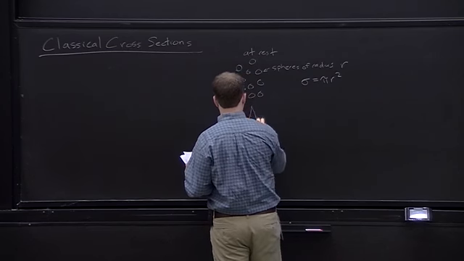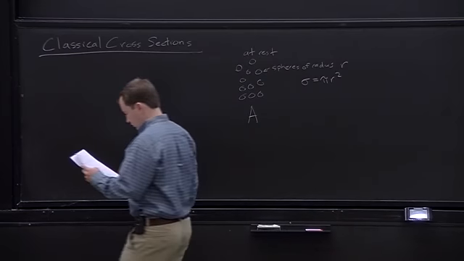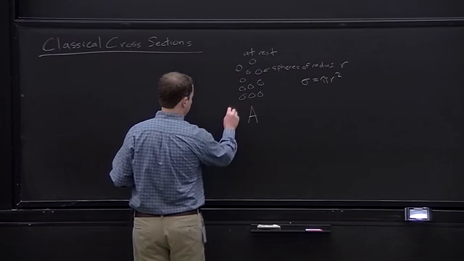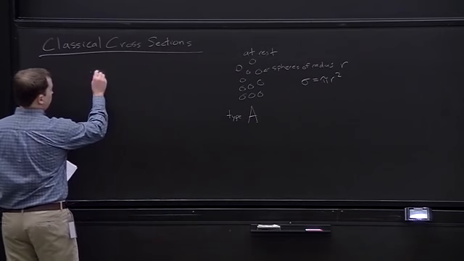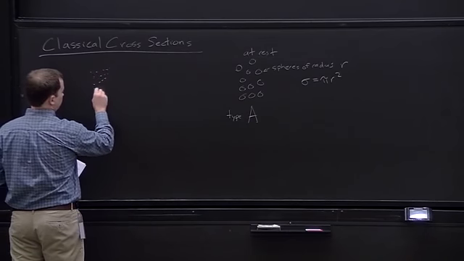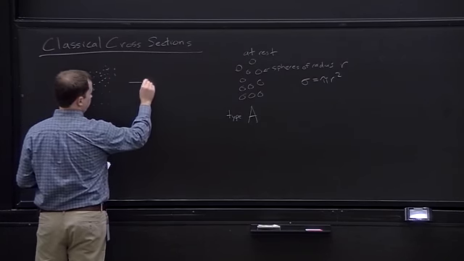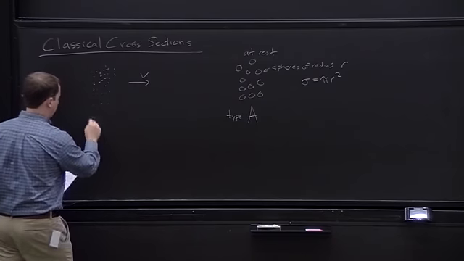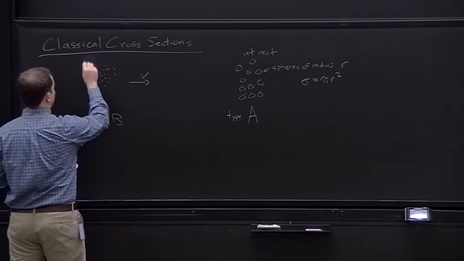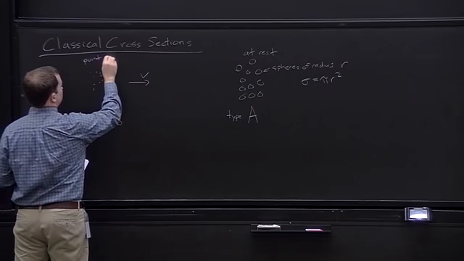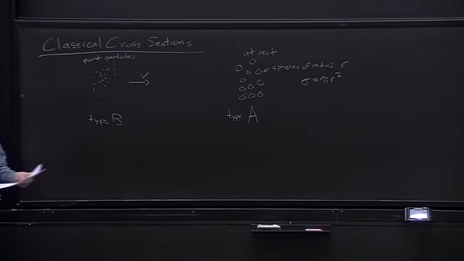Let's call these particles of type A. And let's imagine we're sending some point particles with velocity v. These are type B particles. These will be point particles at our fixed target.